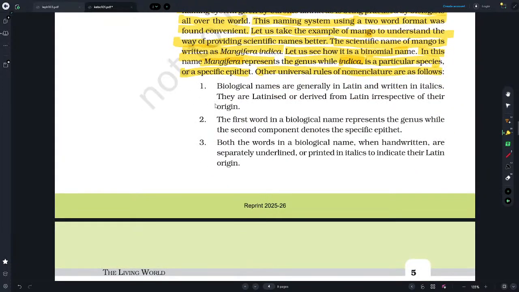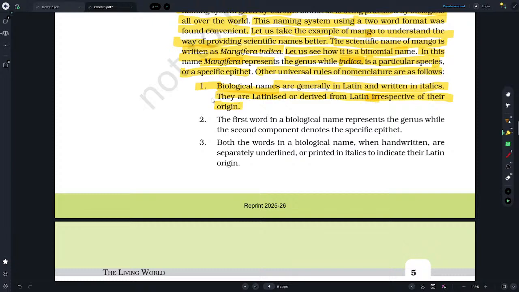The rules for this binomial nomenclature: the first rule, biological names are generally in Latin and are written in italics. They are Latinized or derived from Latin irrespective of their origin.